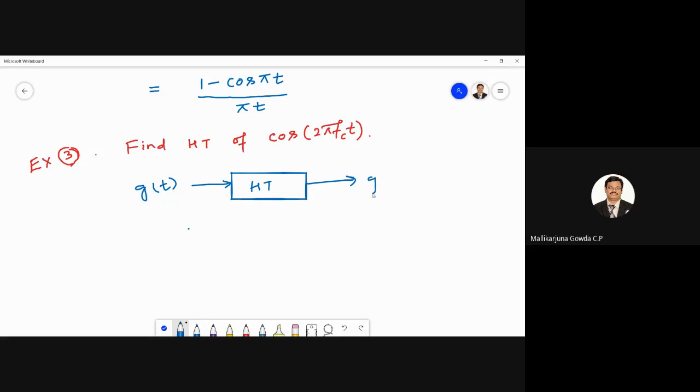You need to find out what is g hat of t.